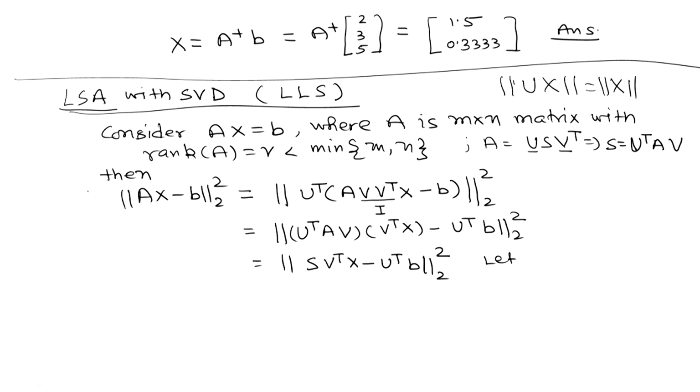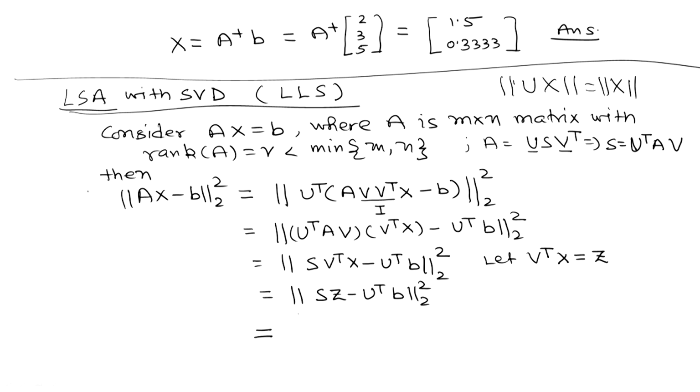Let V transpose x equals z, another vector. So, this can be written as norm of S into z minus U transpose b.